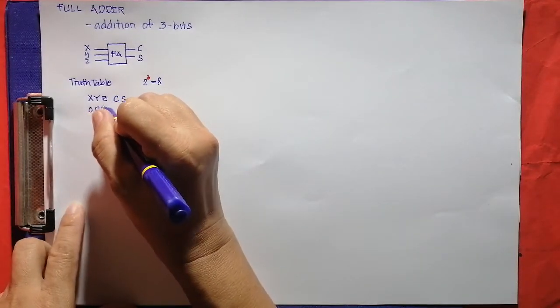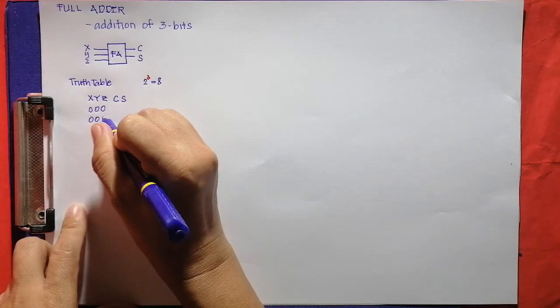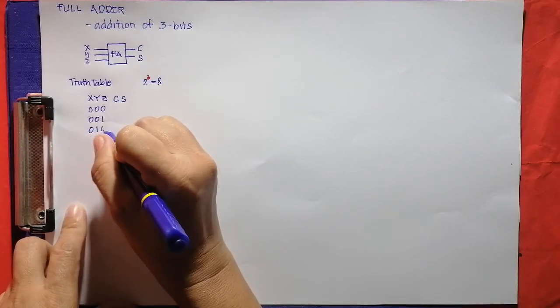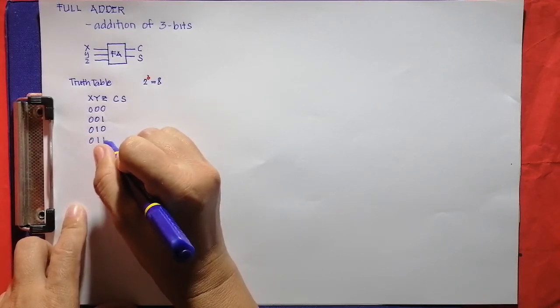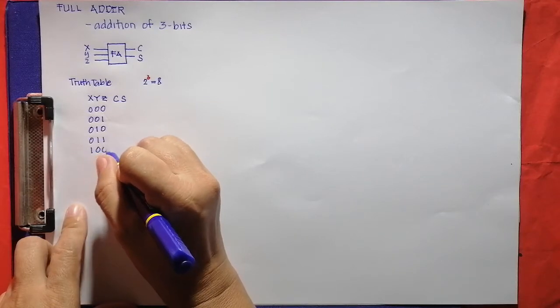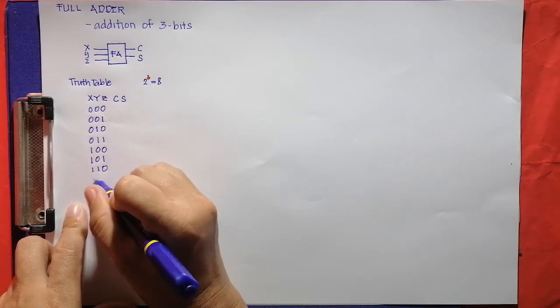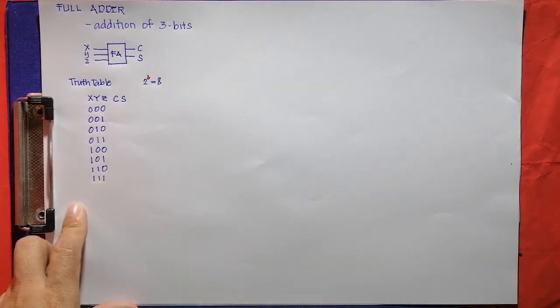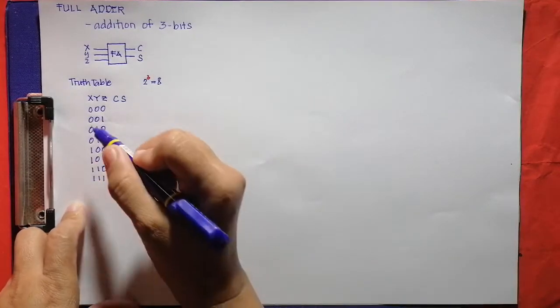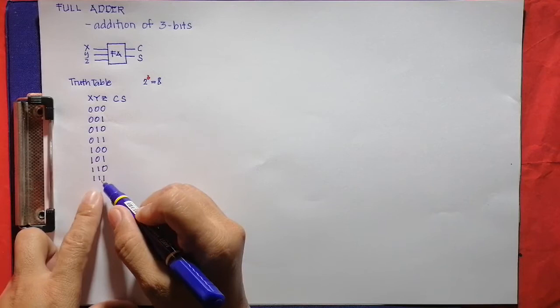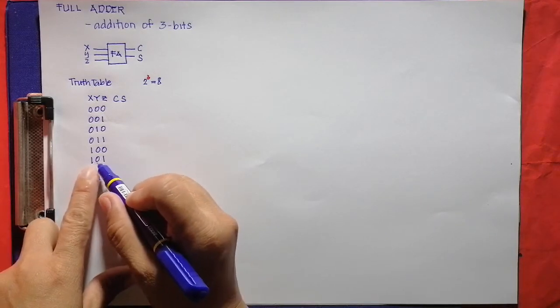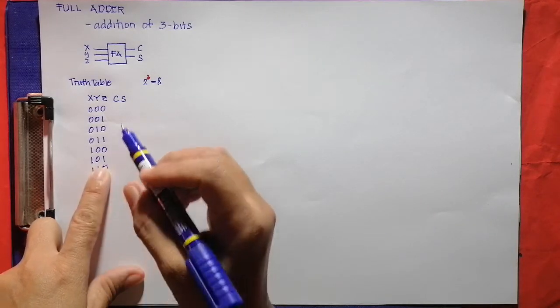That would be 000, 001, 010, 011, 100, 101, 110, and 111. Again, recall, this is actually 0 to 7. Why is 101 a 5? Remember the place value.